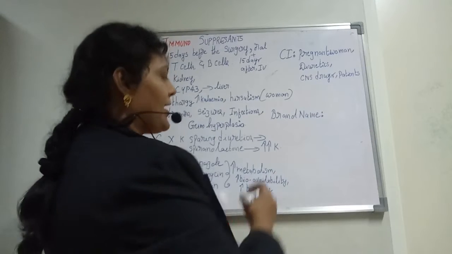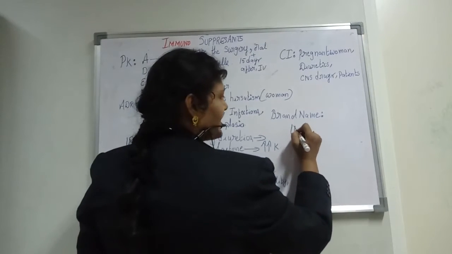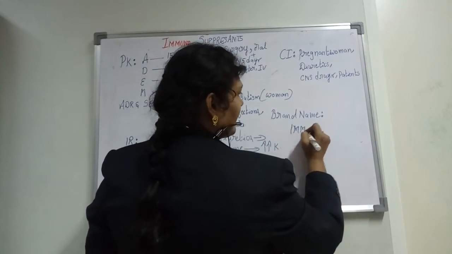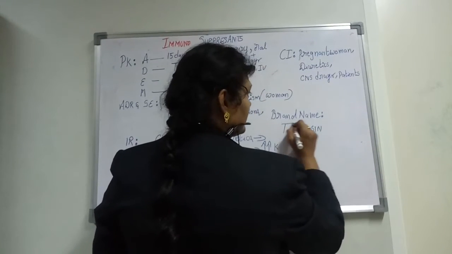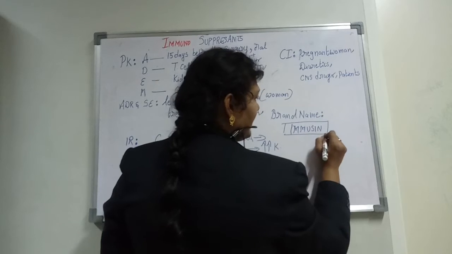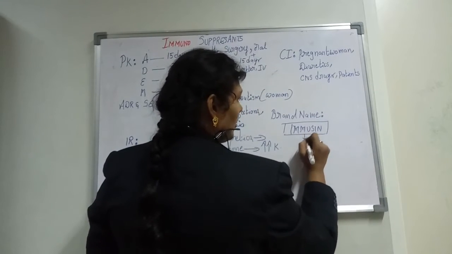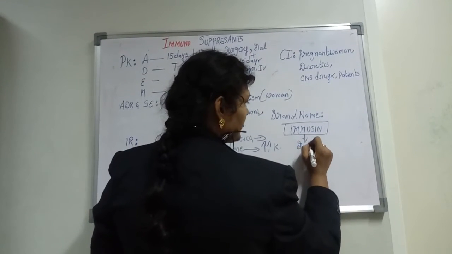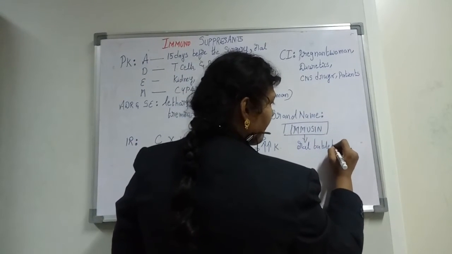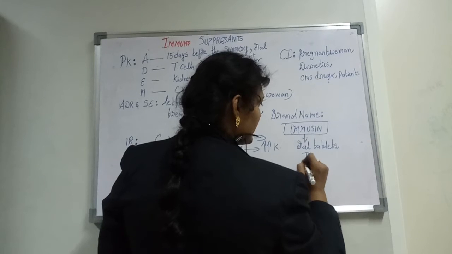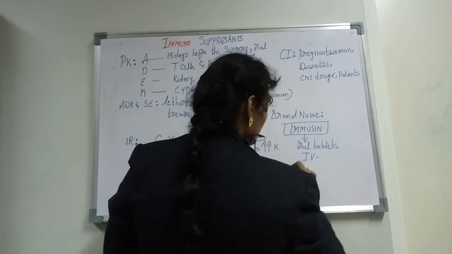The brand name available in the market is called Immusin, which is available in the form of oral tablets and IVs, nothing but the parenteral forms, in the dosage of.